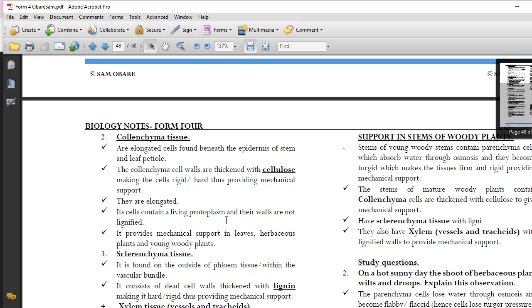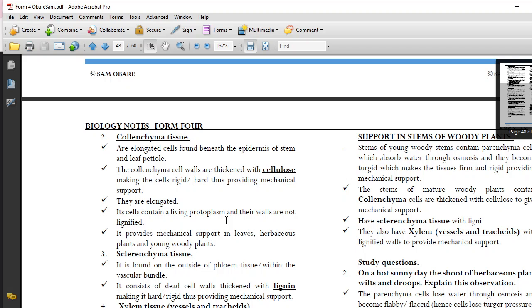Two, this chorenchyma, just like the parenchyma tissues, provides mechanical support in leaves. They also provide mechanical support in herbaceous plants or young woody plants, like seedlings whose stems have not really developed.